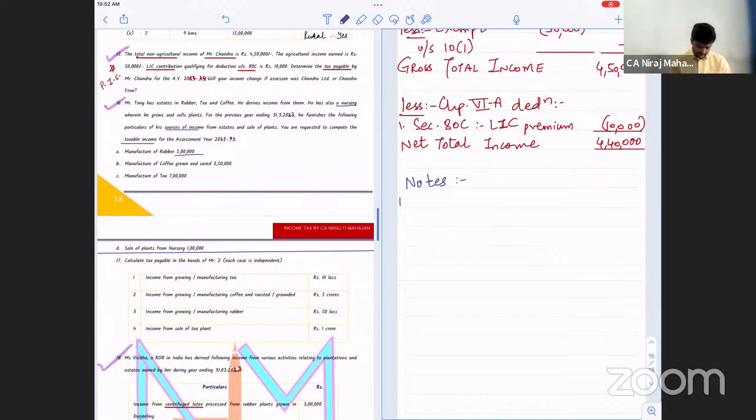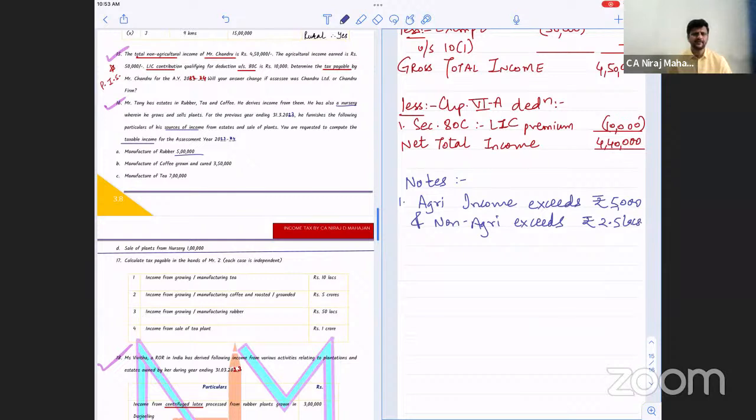First one. Agri income exceeds how much? Rupees 5,000 per annum. Correct? And non-agri exceeds how much? Rupees 2.5 lakhs. That obviously we have assumed he is a resident less than 60 years of age.